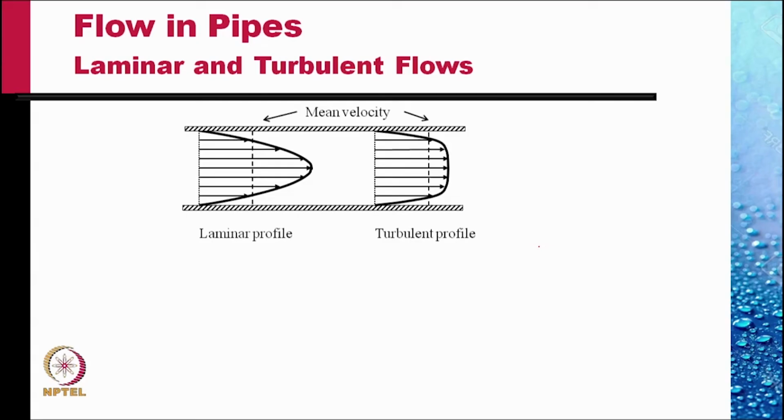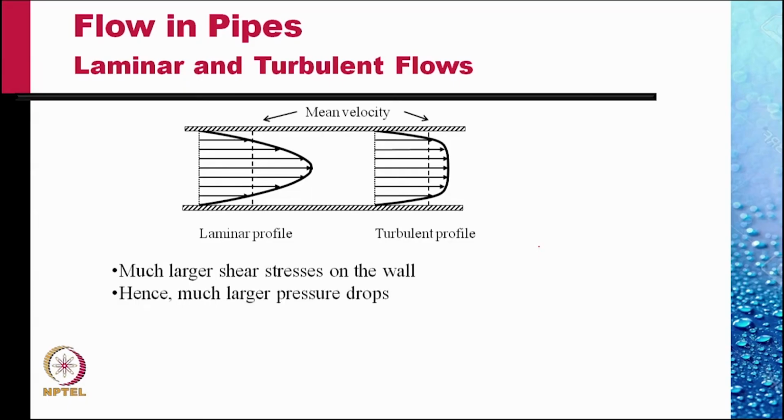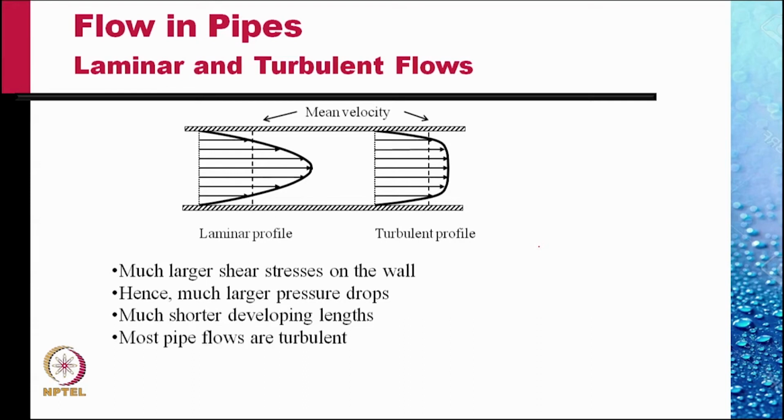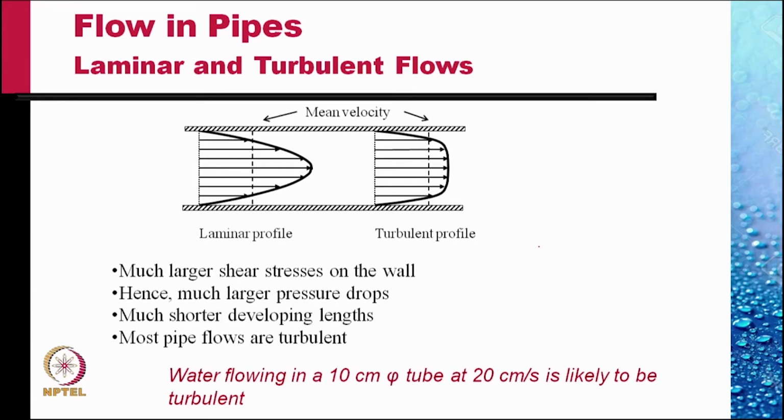It is much sharper at the walls, and because of this, there are larger shear stresses on the wall than in the case of laminar flows. And because of this, there are much larger pressure drops. Much shorter developing lengths, as we discussed, and then we know most flows are turbulent. Water flowing in a 10 centimeter diameter tube at a speed 20 centimeters per second is likely to be turbulent.